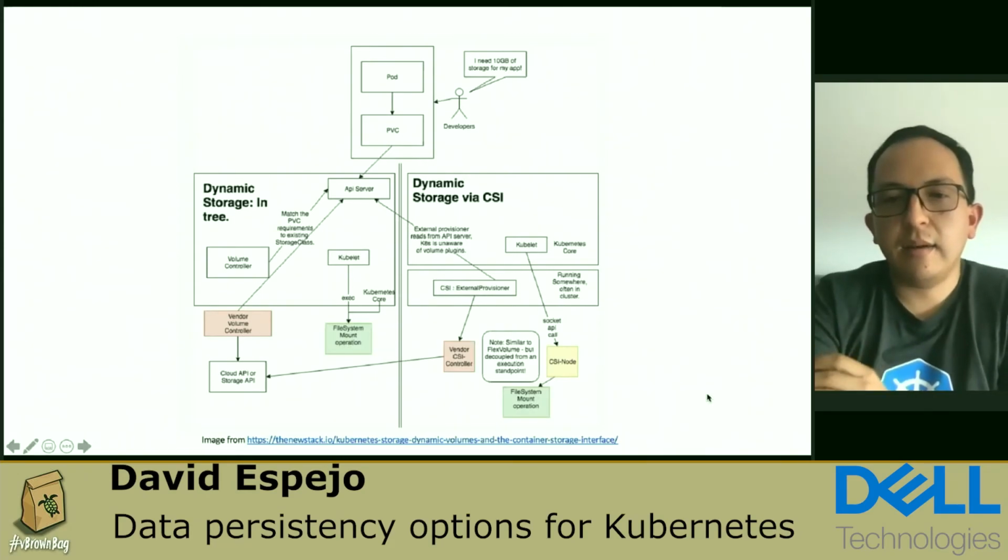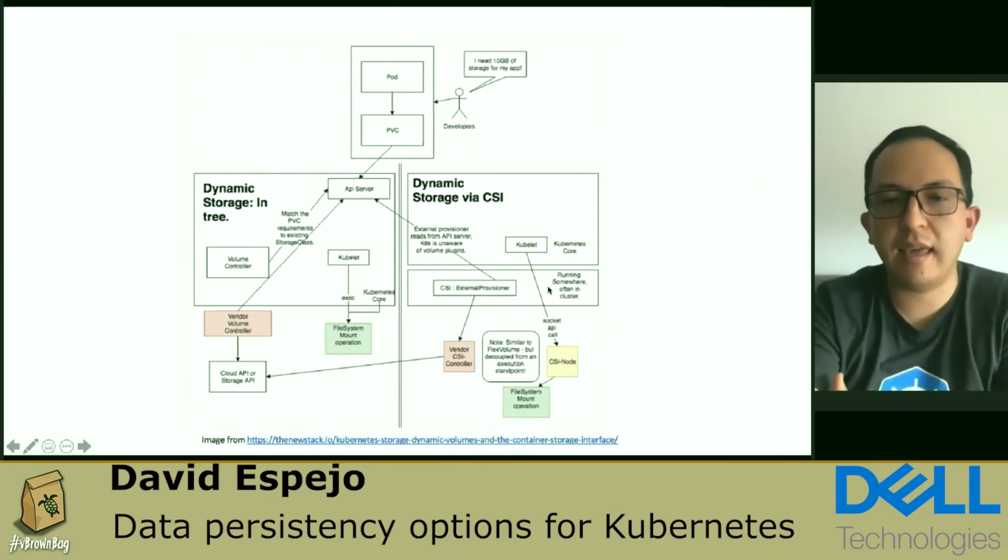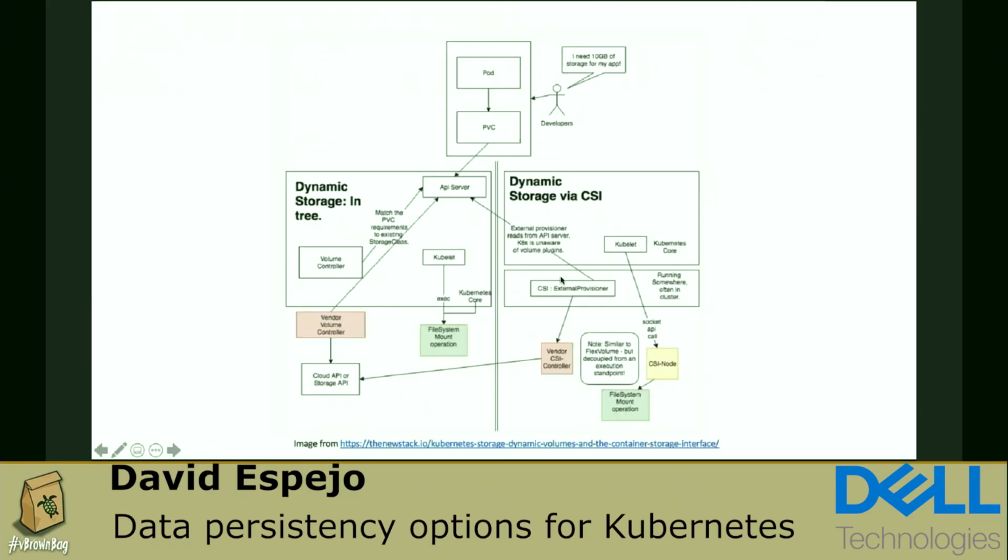In the CSI world, on the right-hand side, there is an external provisioner. This is provided by your storage vendor, right? So your storage solution for Kubernetes, be it in the public cloud or on-prem, should have a CSI compatible solution.